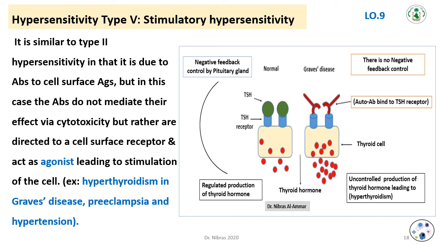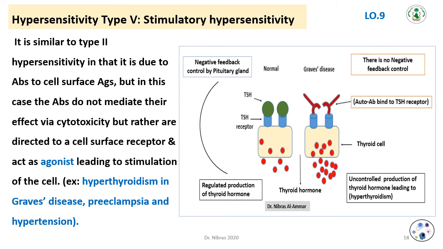In Graves' disease, in the normal situation, thyroid stimulating hormone binds to the thyroid stimulating hormone receptor, leading to stimulation of thyroid cells to secrete and synthesize thyroid hormone. Also, there is regulated production of thyroid hormone through negative feedback control by the pituitary gland.